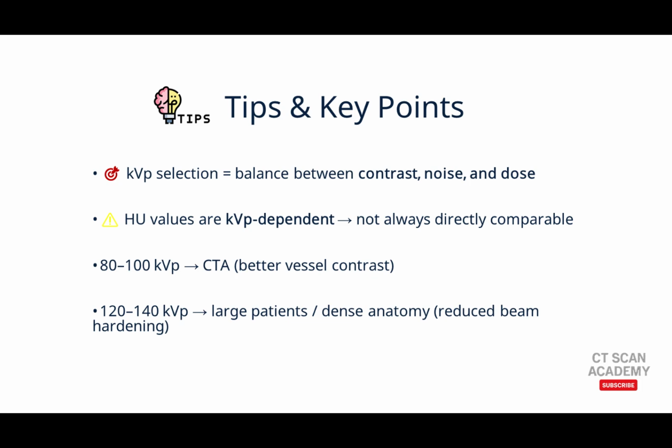Remember, HU values are kVp dependent and not strictly comparable across kVp settings. Typical recommendations: 80 to 100 kVp for many CT angiography exams to improve vessel contrast, and 120 to 140 kVp for large patients or dense anatomy to reduce beam hardening artifacts.